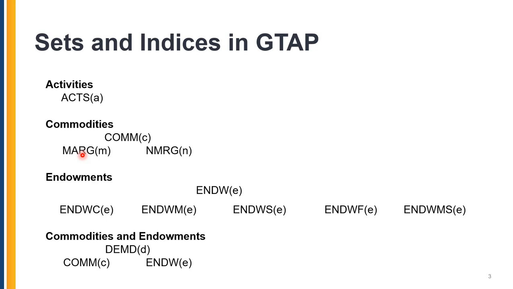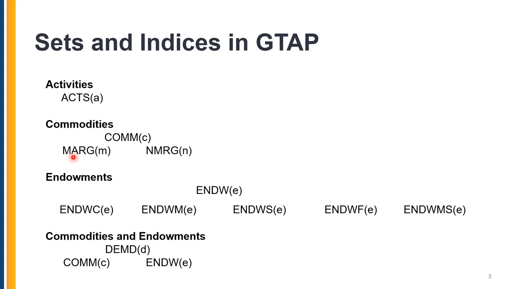If you're selling it for trade, then there's some cost margin above the domestic production cost that has to be added to that in this equilibrium system. And so some of the domestic commodities will be supplied to this service of moving things from the source country to the destination country.